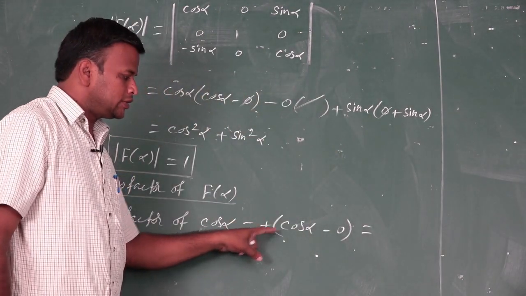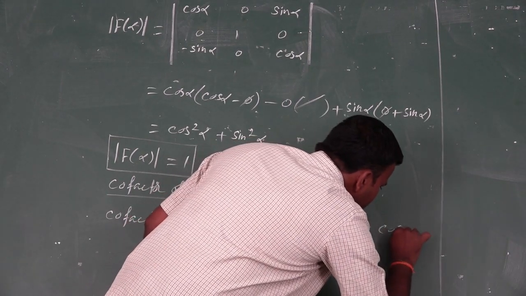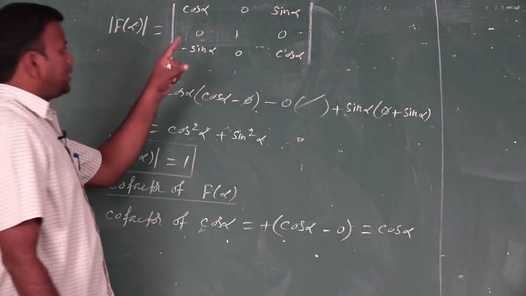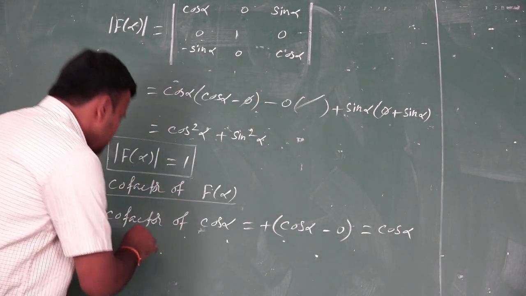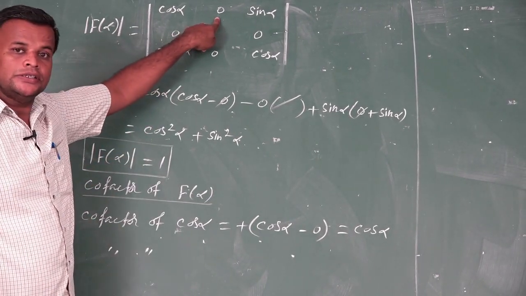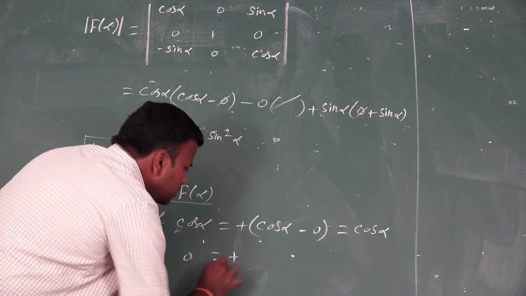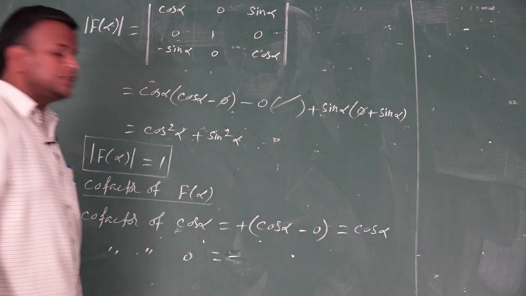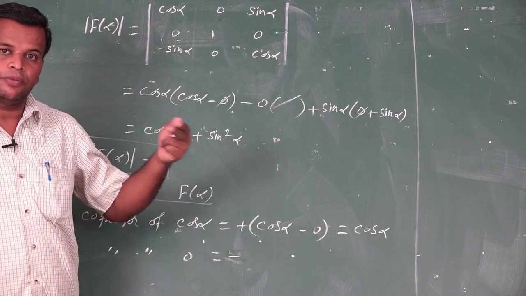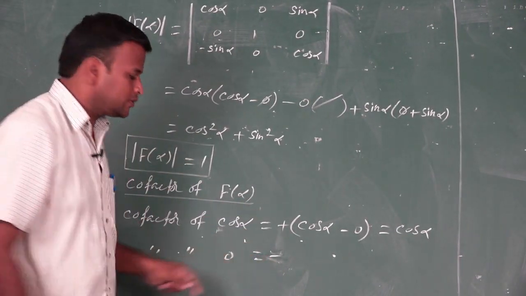Outside is plus, inside is just cos alpha, plus cos alpha. One element is over. Next, cofactor of the next element, which is 0. Whose symbol is minus. Plus or minus will come alternately. Plus, so it becomes minus.